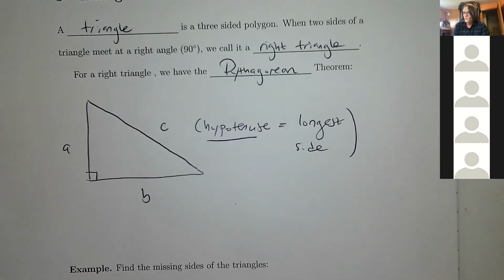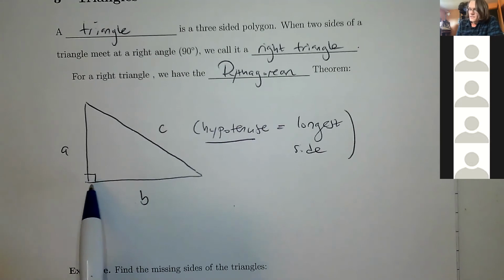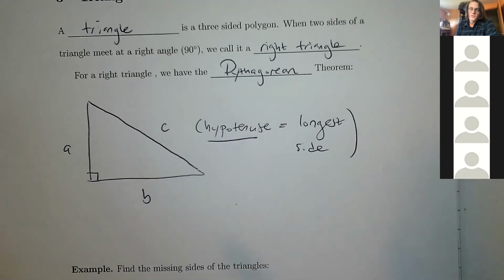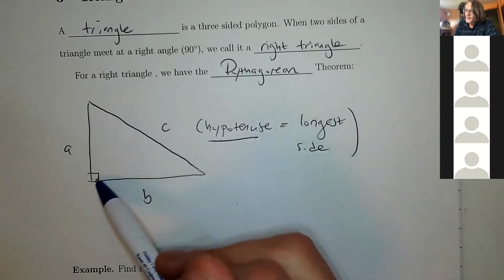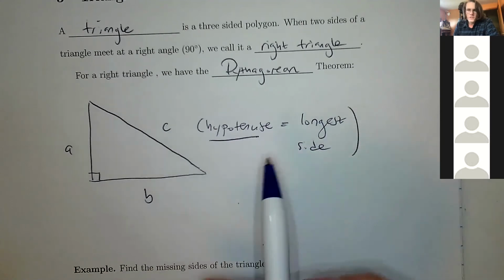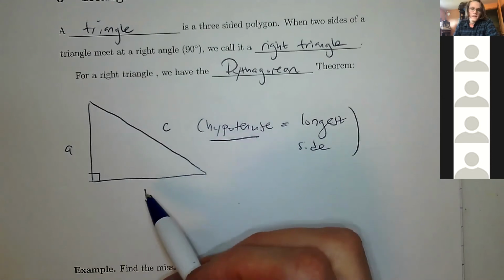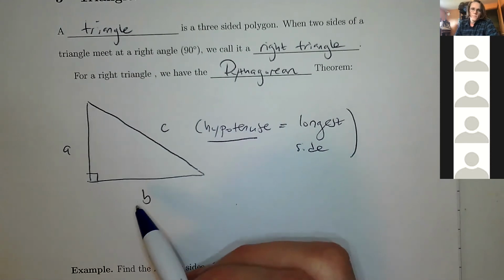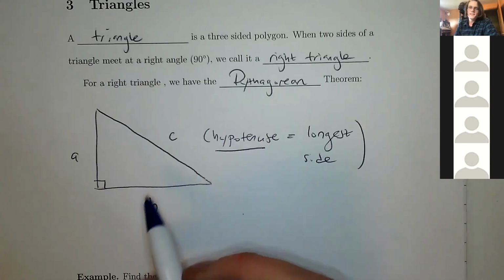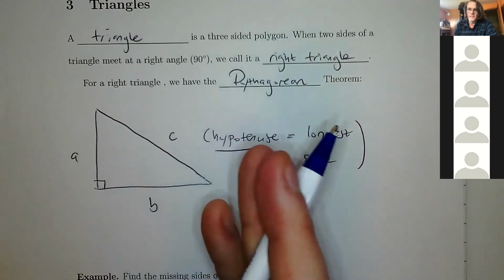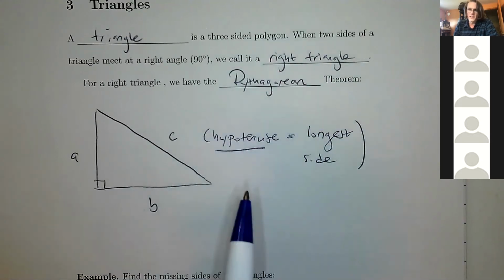So if one of them is 90, the other two have to be strictly smaller than 90, right? Because they can't be 0. So this 90 is necessarily going to be the biggest angle. And so the side opposite it, and this is something that you learn in geometry in high school. We're not going to cover it here. But the side opposite, yeah? When we were in high school, is this SOHCAHTOA? Sine, cosine, and tangent? We're not going to do that, but yeah, it's related to that vaguely, the different sides.